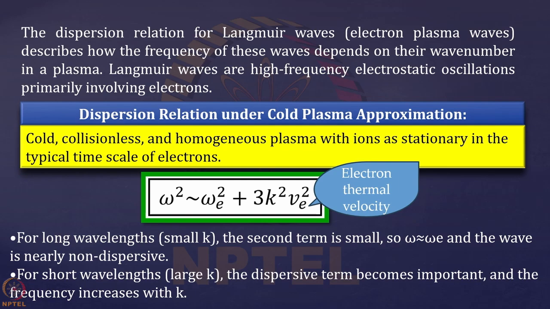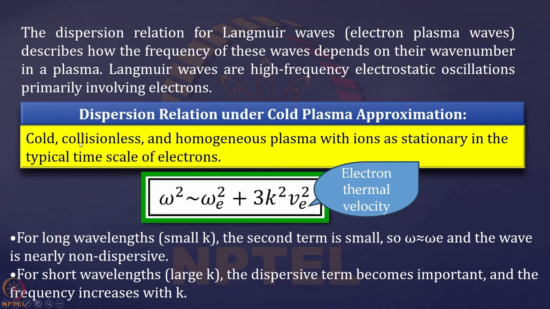The dispersion relation tells how the frequency of these waves depends on wave number in a plasma. Langmuir waves are high frequency electrostatic oscillations primarily involving electrons, and the dispersion relation gives you how the frequency of the wave changes with the wave number.